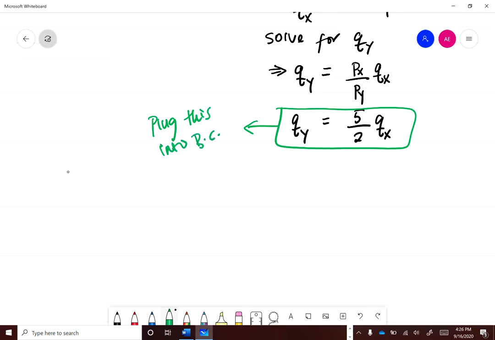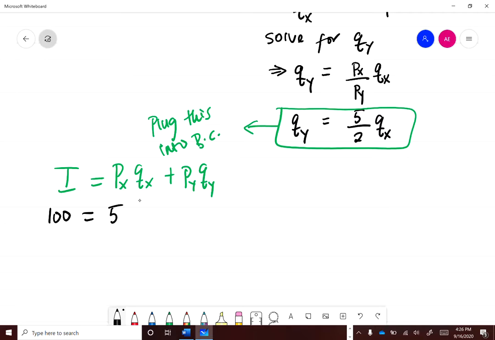And that budget constraint is I is equal to P of X times Q of X plus P of Y times Q of Y. Now remember again, we have numbers, so 100 is equal to 5 Q of X plus 2 Q of Y, right?